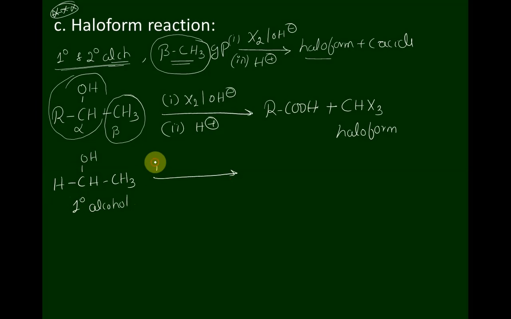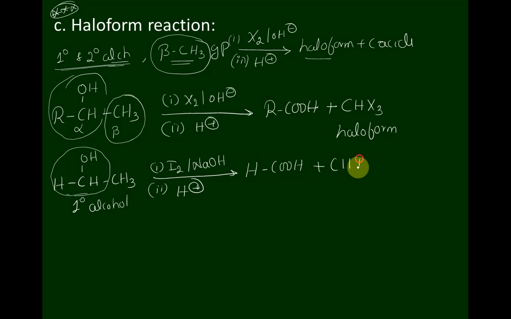First it is treated with iodine in the presence of concentrated sodium hydroxide solution, then subjected to acidification. This group first gets oxidized to carboxylic acid, and this group gets converted into iodoform, CHI3. Iodoform is obtained.